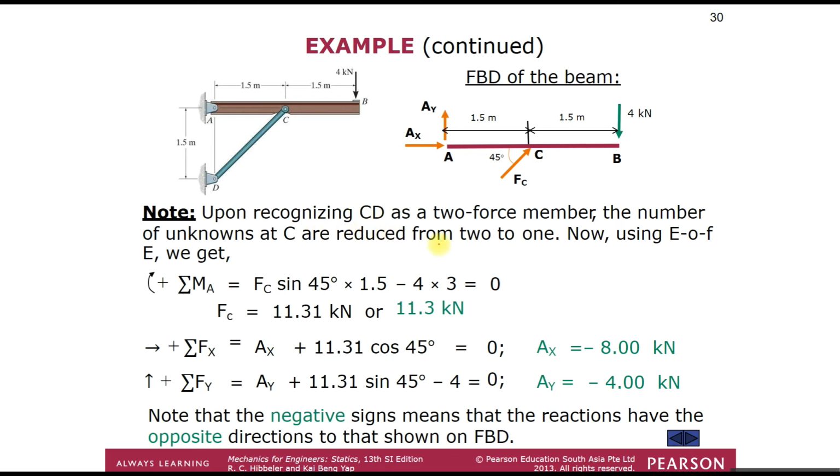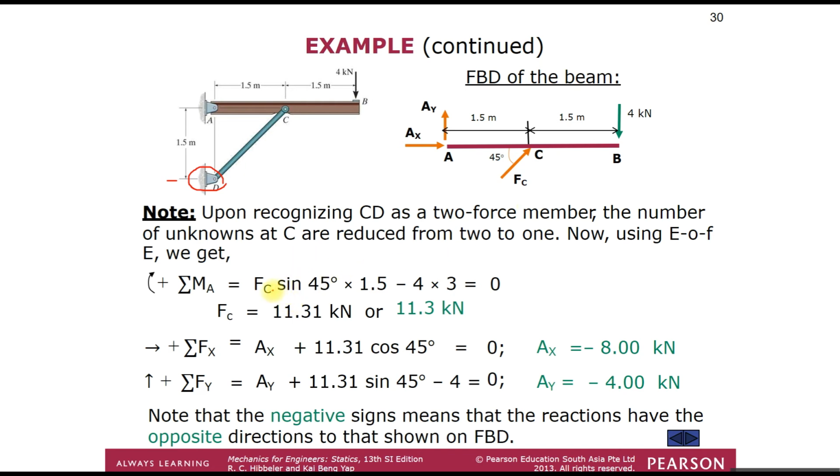We already recognize that the CD member is a two-force member, so the number of unknowns at C is reduced from 2 to 1, and we don't have to draw the other reactive forces at point D. Using the equations of equilibrium, if we consider the summation of moments at point A, we don't have to consider forces Ax and Ay, just FC and the force at B.